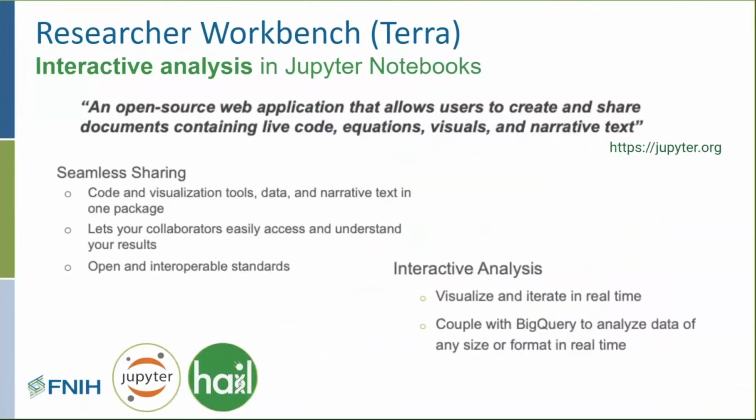Okay, I'm going to go into a little more detail on the two different kinds of analysis in Terra. The first is interactive analysis in Jupyter Notebook. According to the jupyter.org website, Jupyter is an open source web application that allows users to create and share documents containing live code, equations, visuals, and narrative text.